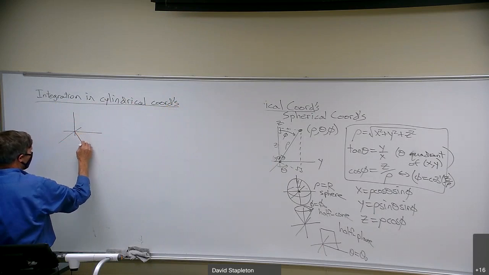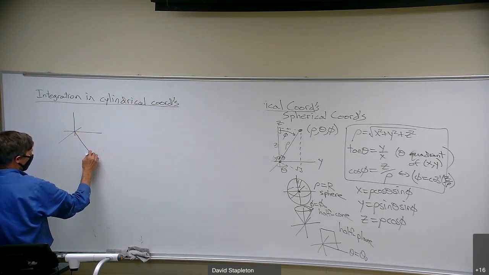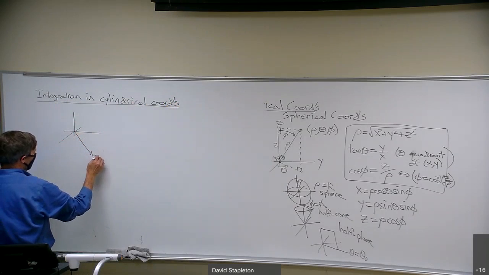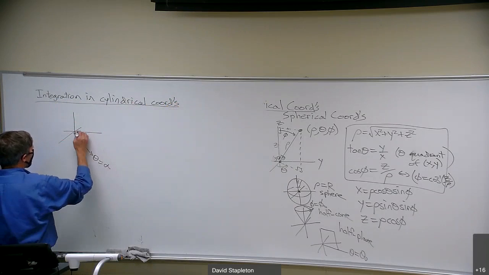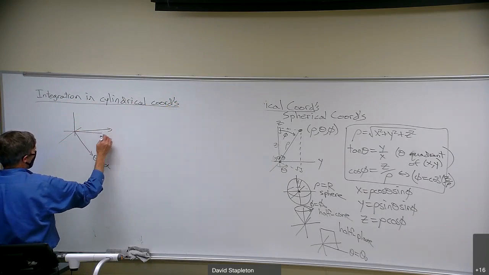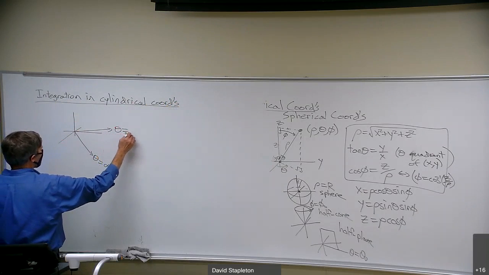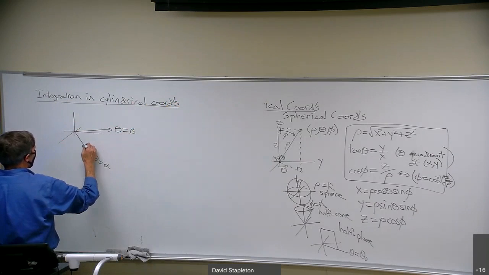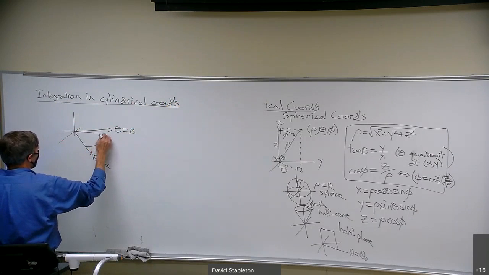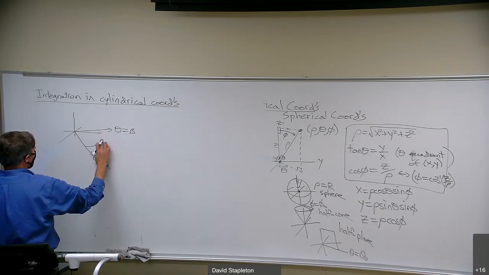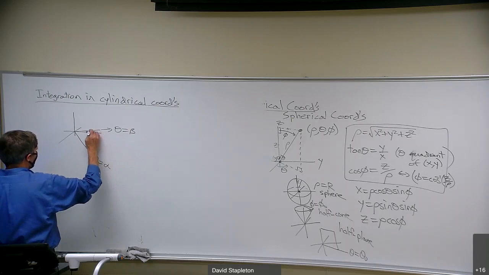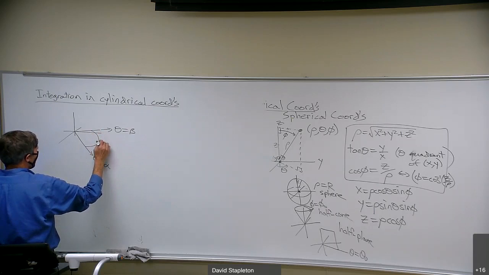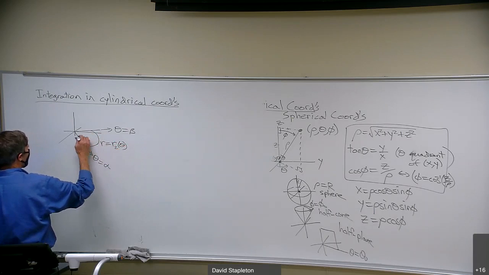It goes between some angle theta equals alpha and some other angle in the xy plane, theta equals beta. And it doesn't look like an arc of a circle necessarily. Let's say it's like that or something. R equals R2 of theta on the outside and R equals R1 of theta on the inside.